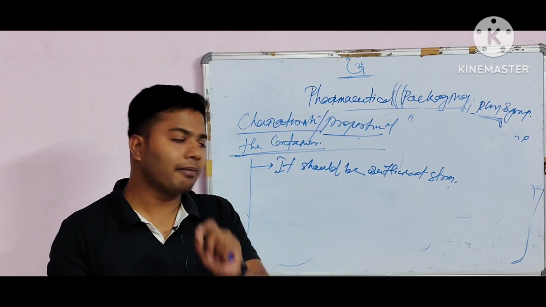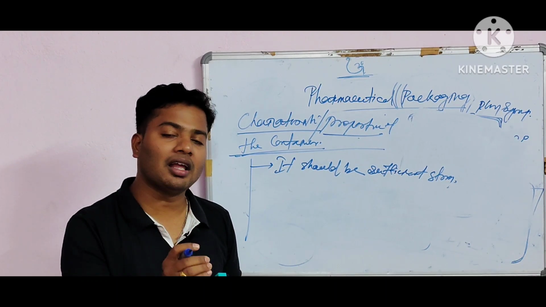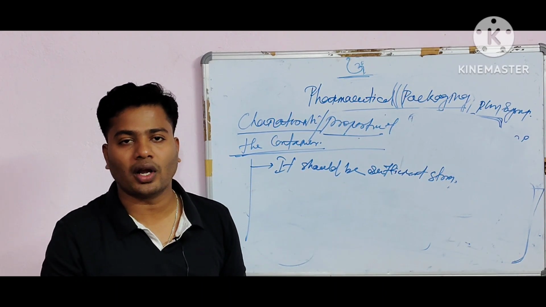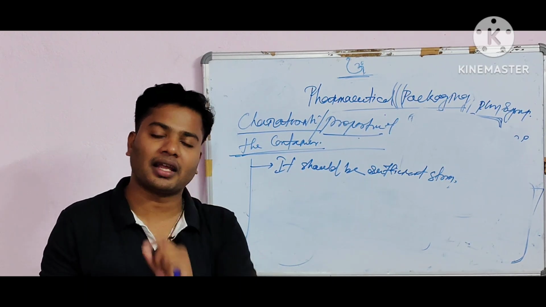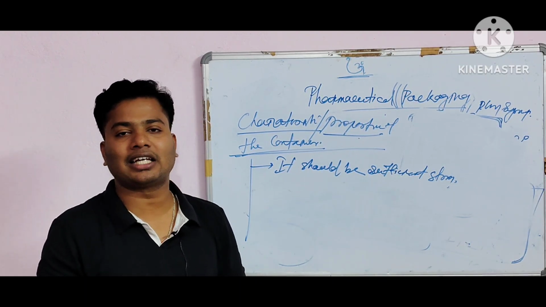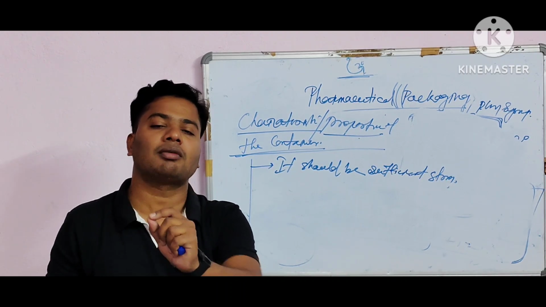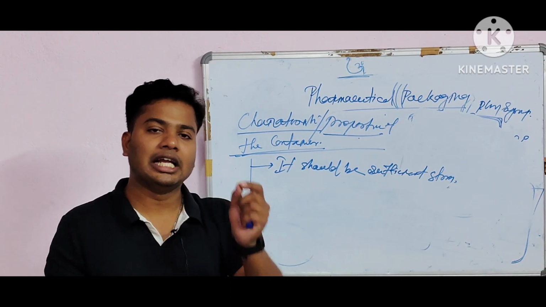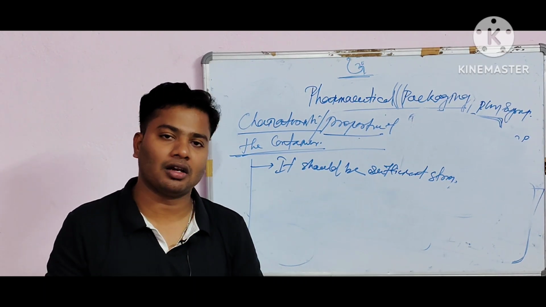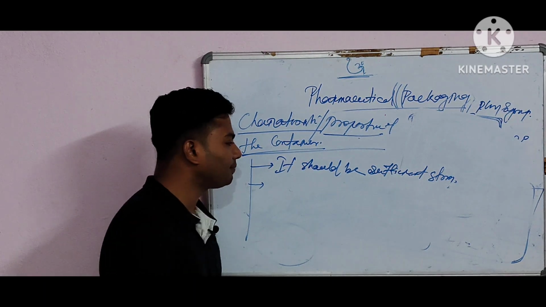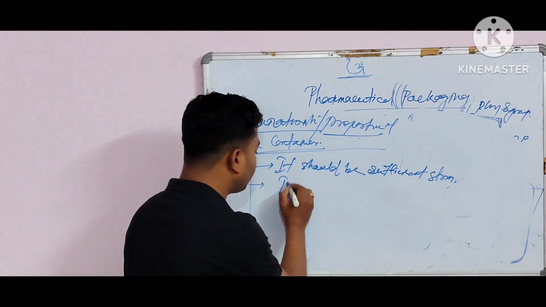If the container breaks during transportation, definitely there is loss of drug. So to prevent the loss of drug during transportation, you have to choose a strong quality container. Clear?